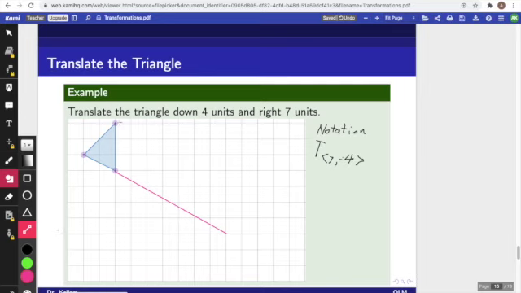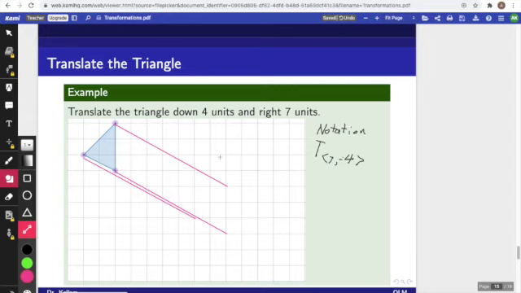I'm going to do the same thing for this point, but notice when I go down 4, 1, 2, 3, 4, and then to the right 7. These two lines are the same distance apart. Let's do it for the last one. We go down 1, 2, 3, and 4, and then to the right 1, 2, 3, 4, 5, 6, and 7.